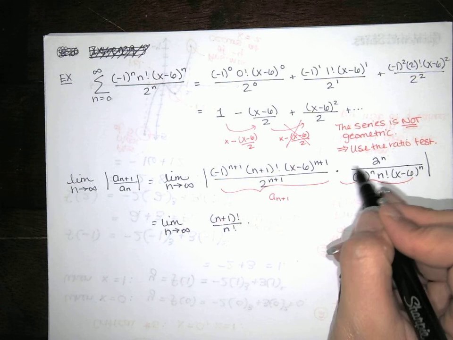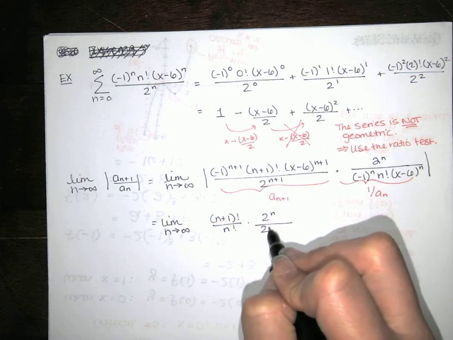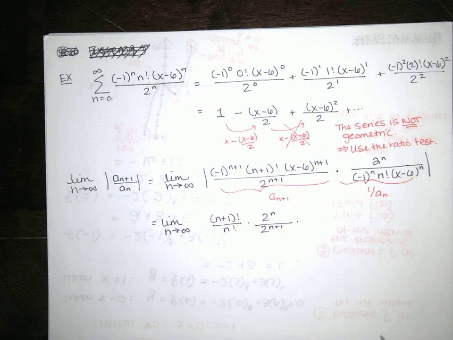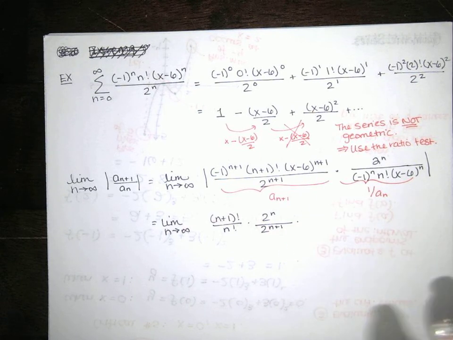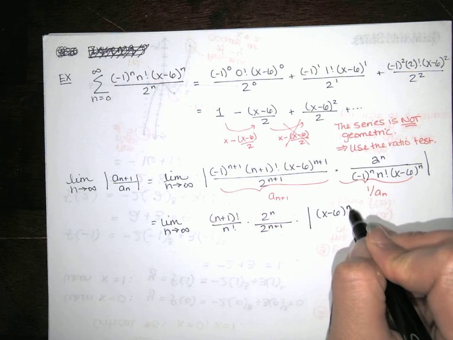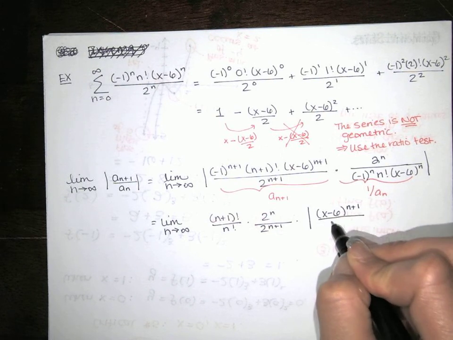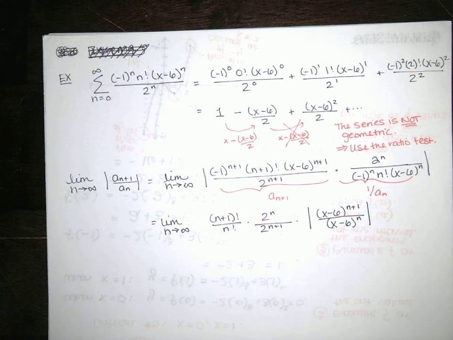The 2's can be grouped together. I'll have 2 to the n in the numerator, and I've got a 2 to the n plus 1 in the denominator. And the x minus 6 to the n plus 1 and the x minus 6 to the n, those should be grouped together. But you want to keep them in absolute value because x could be negative. These guys are definitely positive, so I don't need the absolute value for that.